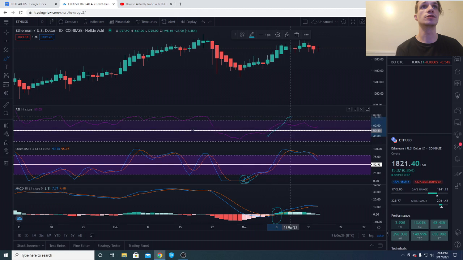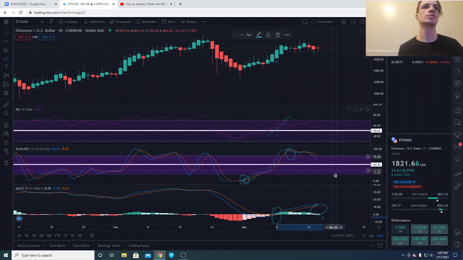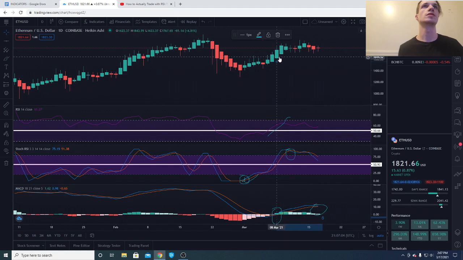And then the momentum is going up here. You see right here, we have a sell signal, but we also have a sell signal right here. So you could take advantage of this sell signal right here and get out, or you could wait until this turns red to get out. If you bought right around here, you would have bought in right here, and it would have gone up to where you sold right up here.